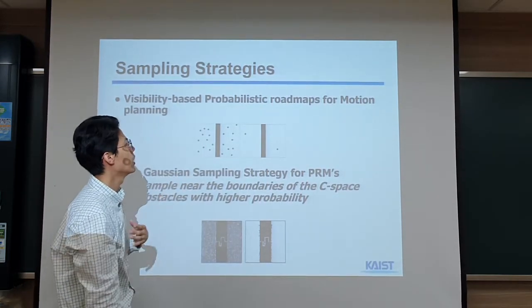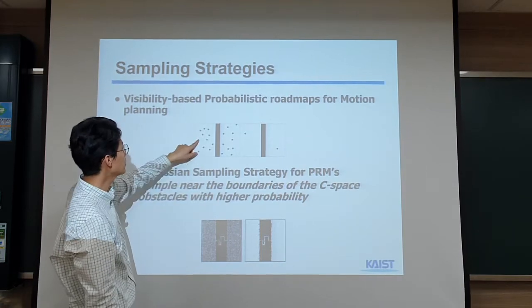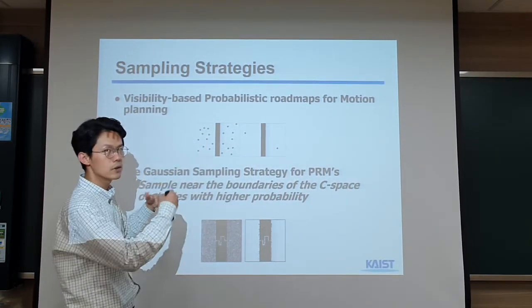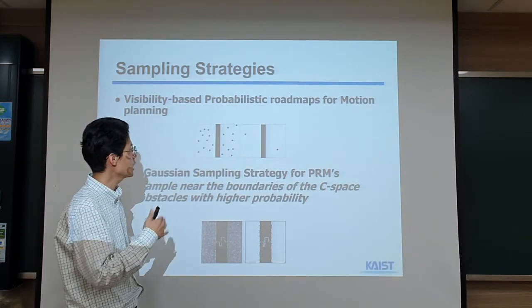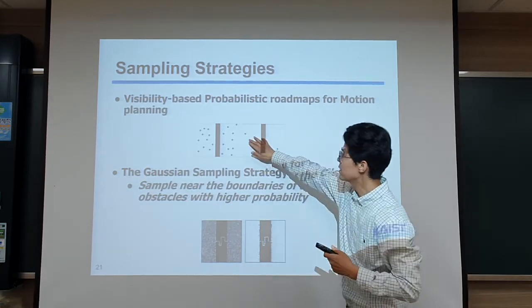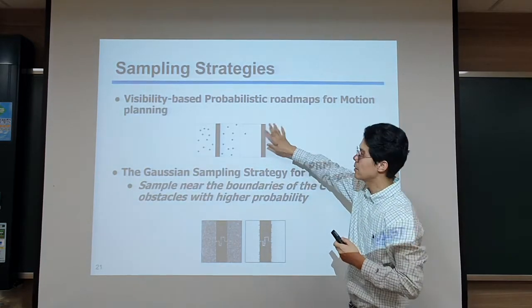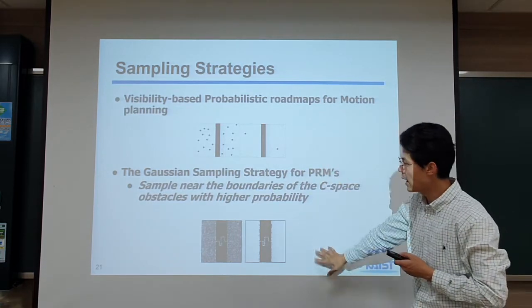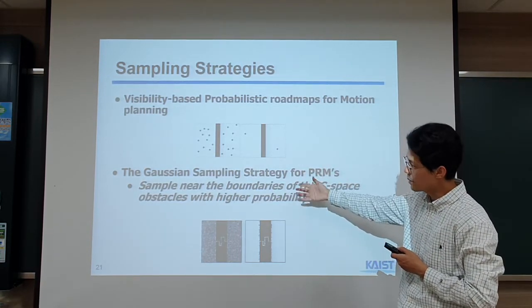It means there's no need to have that particular node there. There's no need to have many mutually visible samples in the graph. Instead, we can have only a few samples in the wide empty area. So we do that based on the visibility operator. Here I gave the high-level idea of generating samples on the boundary.